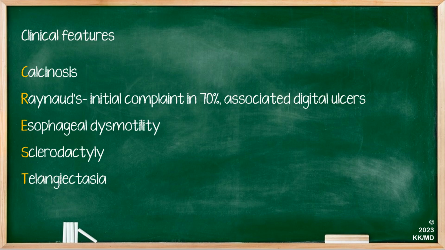The clinical features of LCSS can traditionally be recalled using the acronym CREST. So this stands for calcinosis, which is characterised by calcium deposits usually found at the fingertips, and which can be quite painful and can ulcerate. Raynaud's, which you will know about from the previous video, is an initial complaint in about 70% of patients, so that's quite high, and can be associated with digital ulcerations.